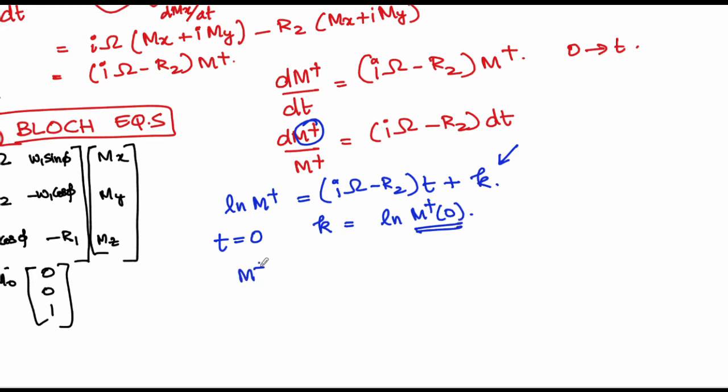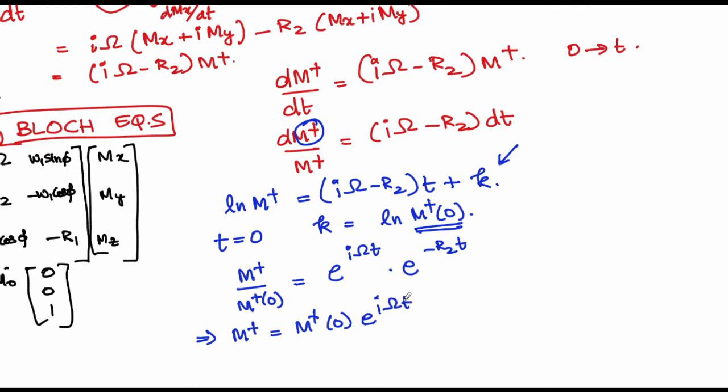Therefore, M plus over M plus of 0 will be equal to e power i omega t times e power minus R2t. So this implies the signal M plus will be given by M plus of 0 times e power i omega t times e power minus R2t.